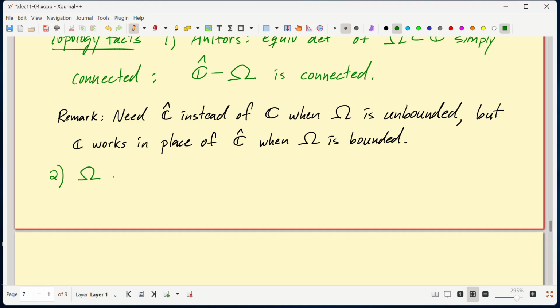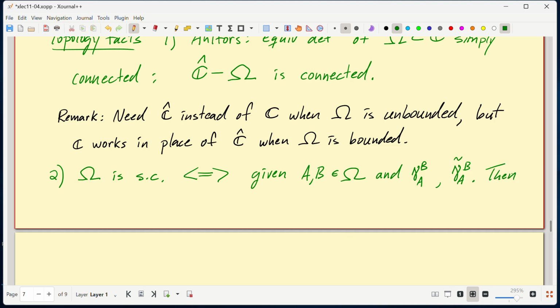So omega is simply connected is equivalent to: given two points in omega, any two curves that join those two points, gamma AB and gamma twiddle AB, are homotopic.